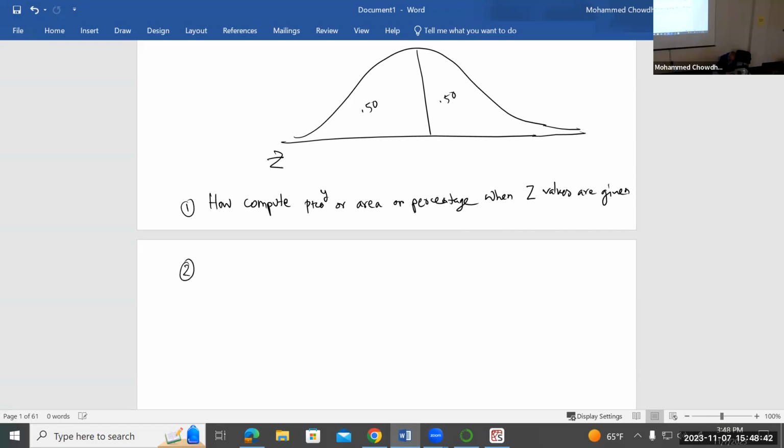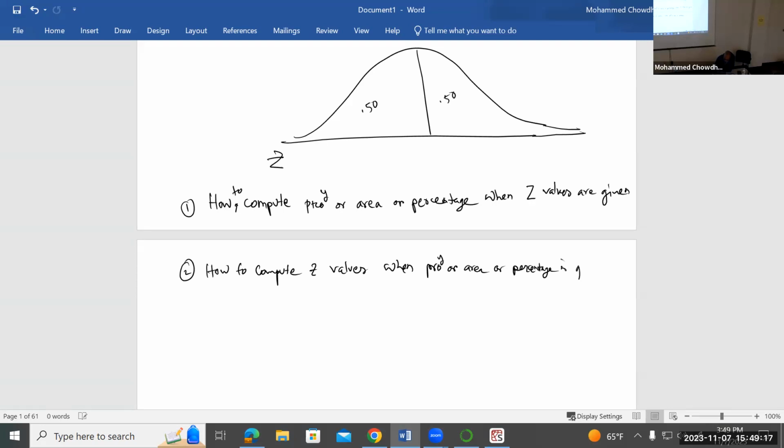And another thing, number 2, how to compute Z values when probability or area or percentage is given.